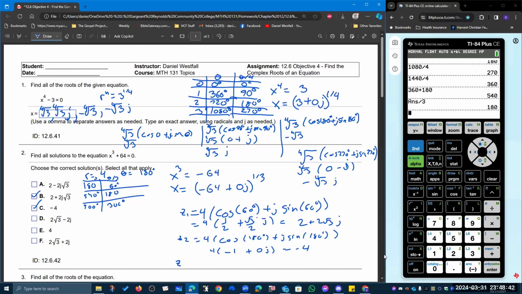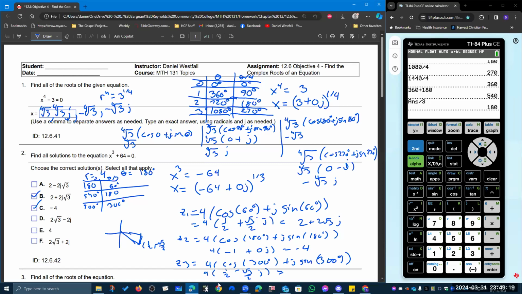And z3 is 4 times cosine of 300 degrees plus j sine of 300 degrees. 300 degrees has a 60-degree reference angle, so cosine stays the same and sine changes sign.